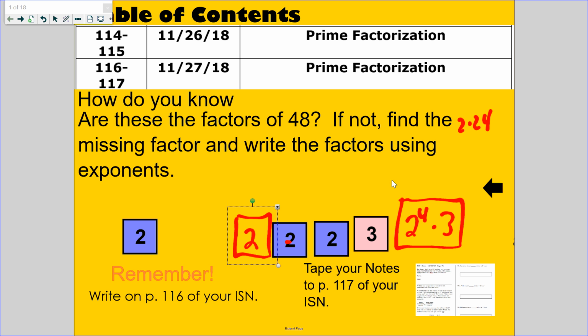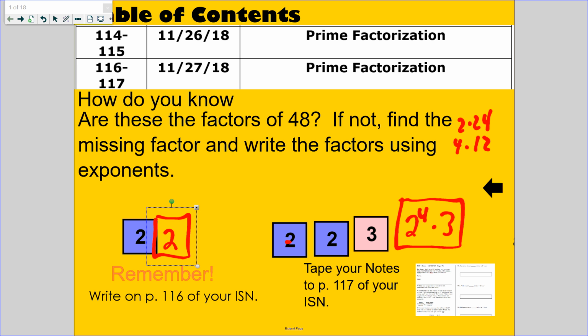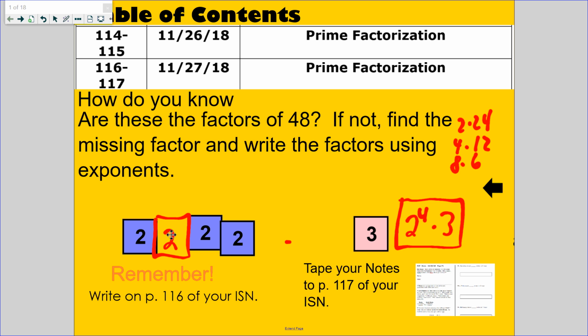I can also say, if I move this here, 4 times 2 times 2 is 4, 4 times 3 is 12. 4 times 12 makes 48. I can also say 2 times 2 times 2 is 8. 8 times 6 is 48. And I can lastly say 2 times 2 times 2 times 2 is 16 times 3.